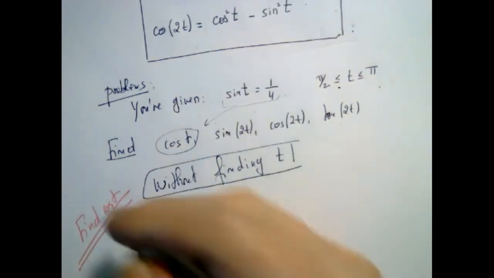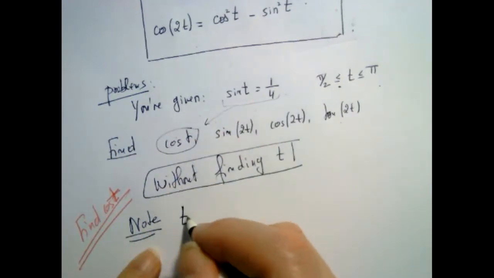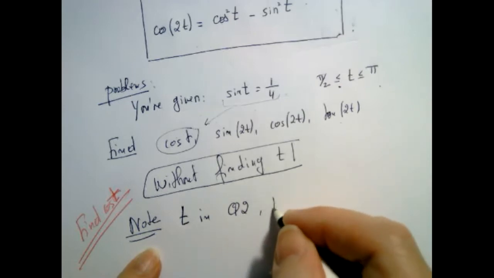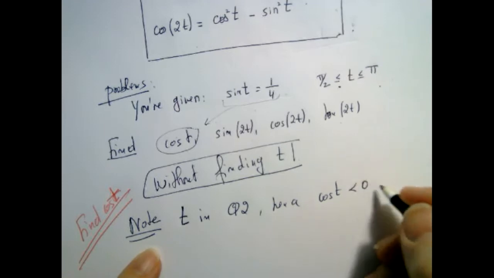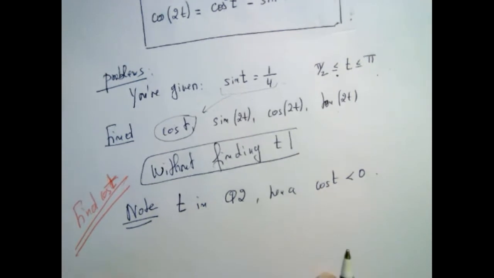Note that my t is given to be in quadrant 2. It means the cosine, since I'm in the second quadrant, has to be negative. It depends which quadrant I am in. Now I need to find the cosine. I know the sine.